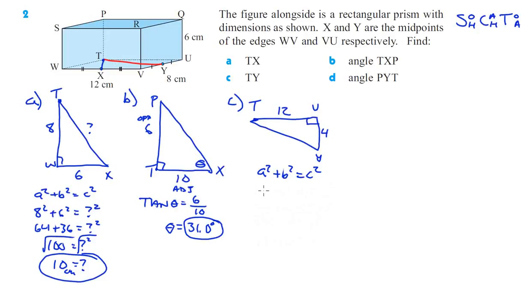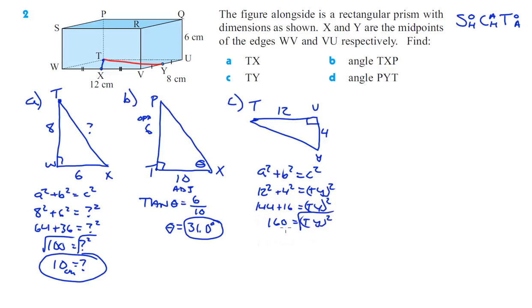So we have 12 squared plus 4 squared equals TY squared, so that's 144 plus 16 equals 160 equals TY squared.